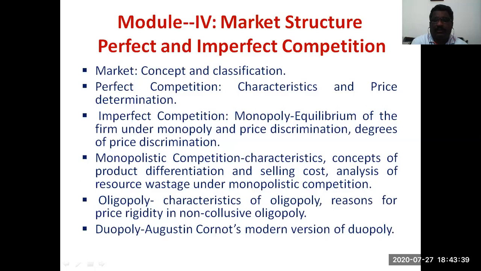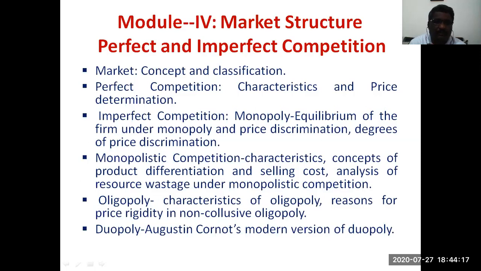In this module, we study perfect and imperfect competition. First is perfect competition, second is imperfect competition. The imperfect competition markets are categorized into a number of further types, so we will discuss that also.